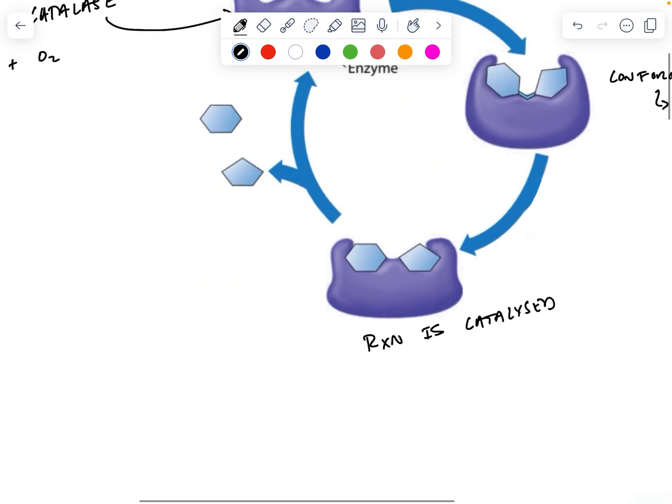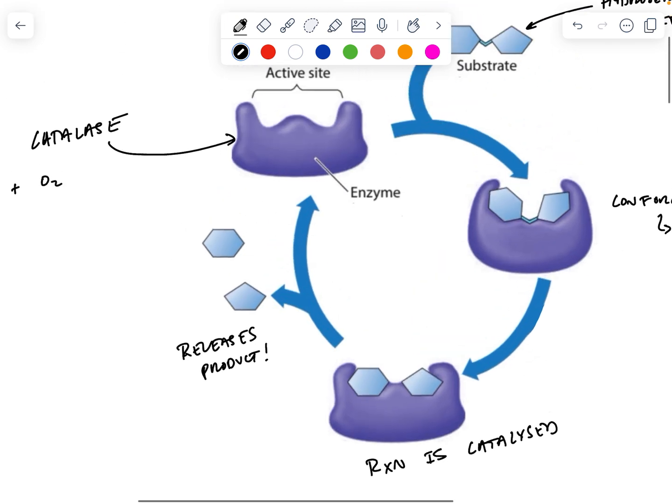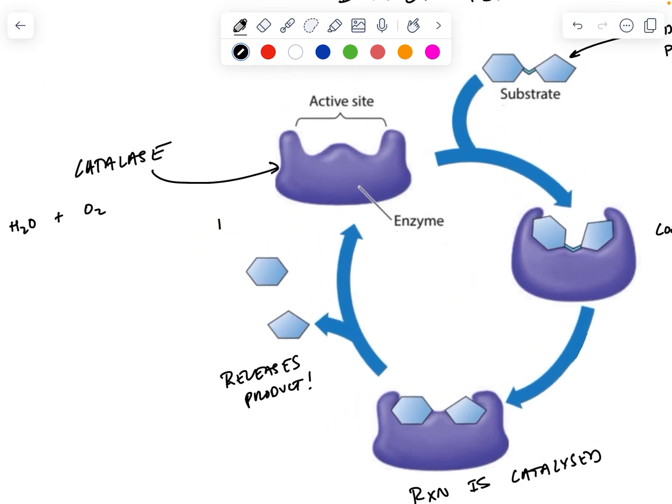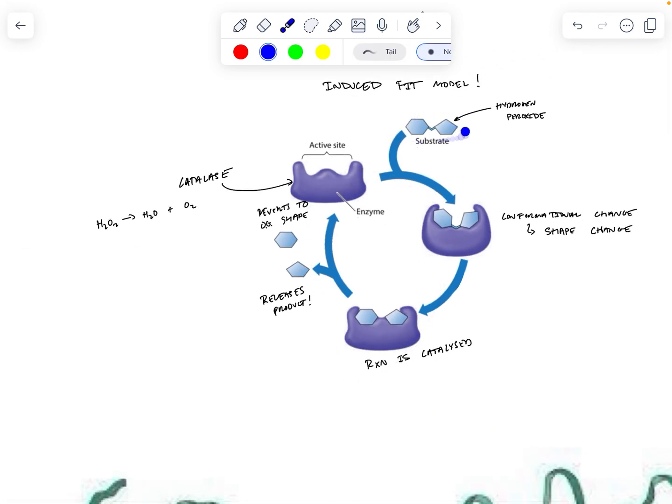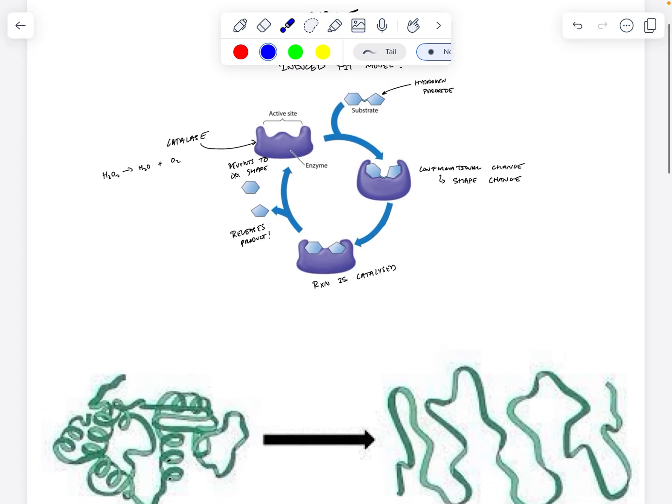And then the enzyme releases the product, and it reverts to its original shape. And this is important because it's ready to catalyze the reaction again, as long as there's more substrate.